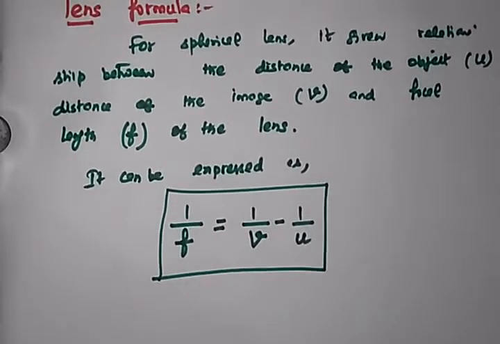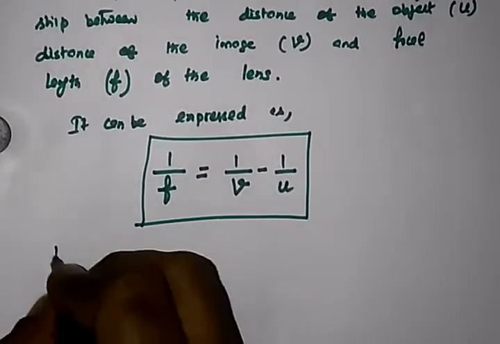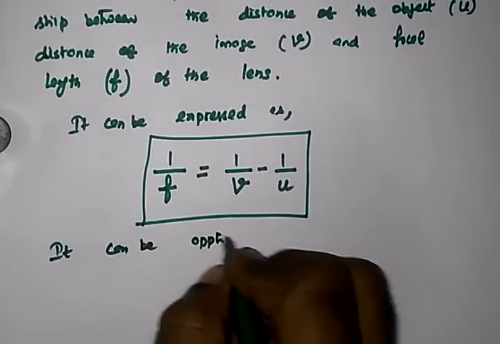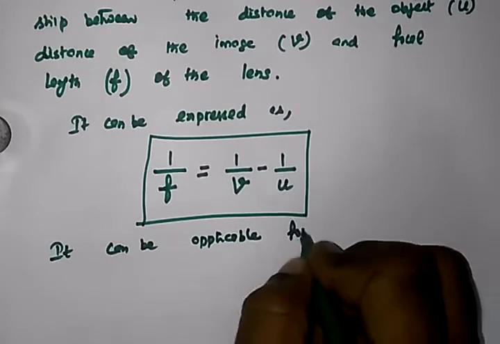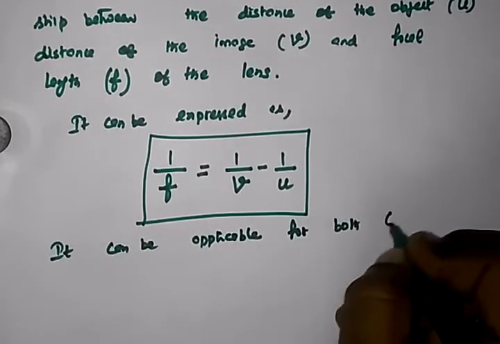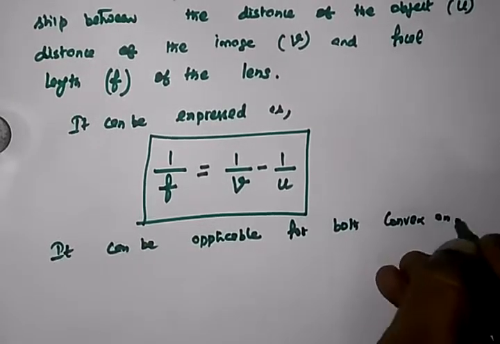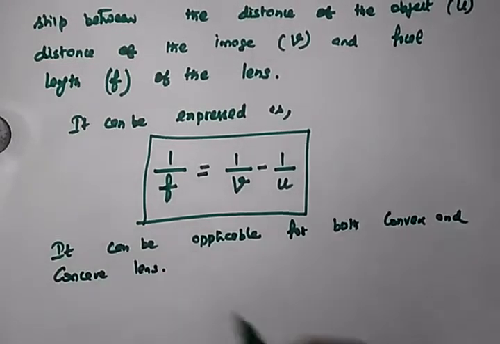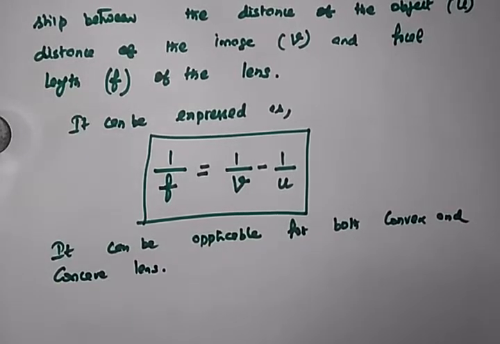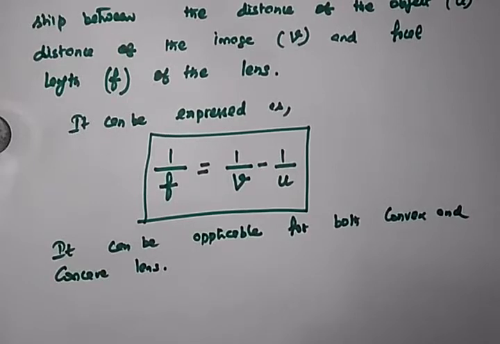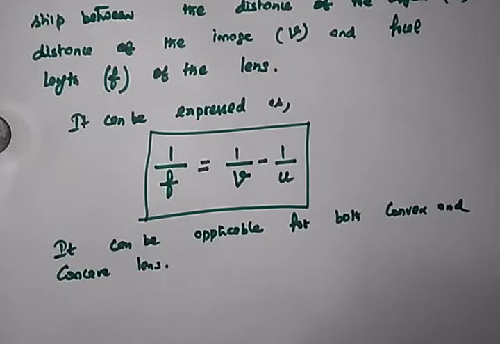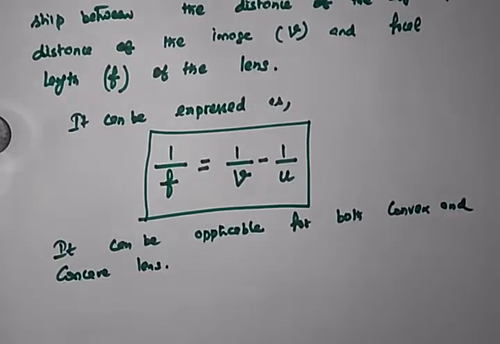It is applicable for both convex and concave lens. We need to take the most care while solving numerical problems related to lenses, in taking the proper sign of different quantities.